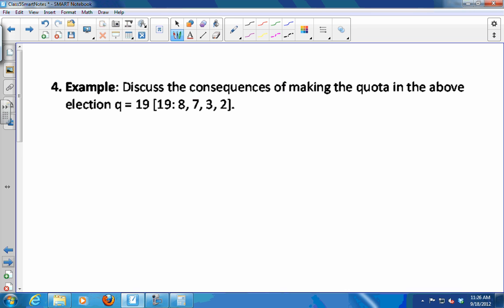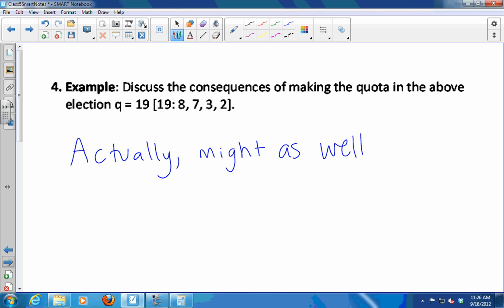All right, so 19, that's somewhere between a majority and unanimous. What are the consequences of making the quota 19 here? Yep, so this might as well be 20. I don't think you can get that total with the number of votes. Exactly, right.